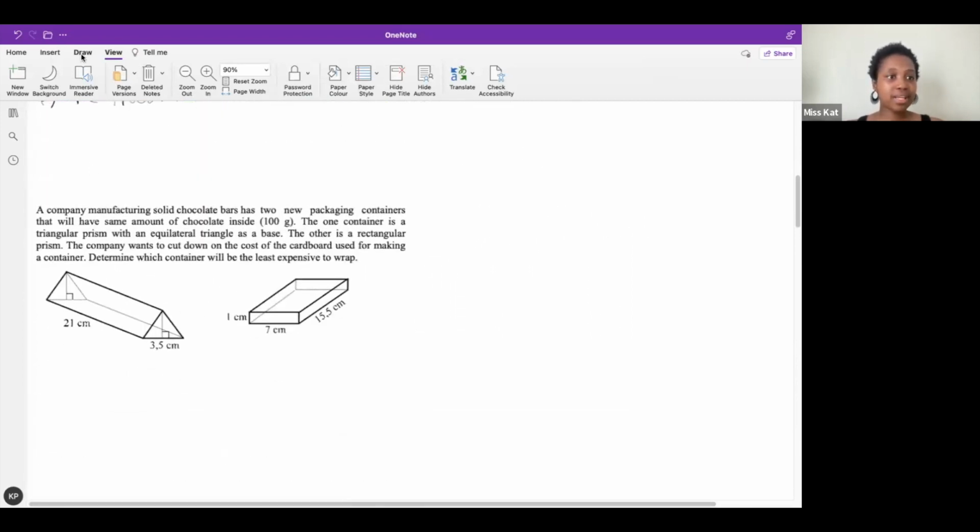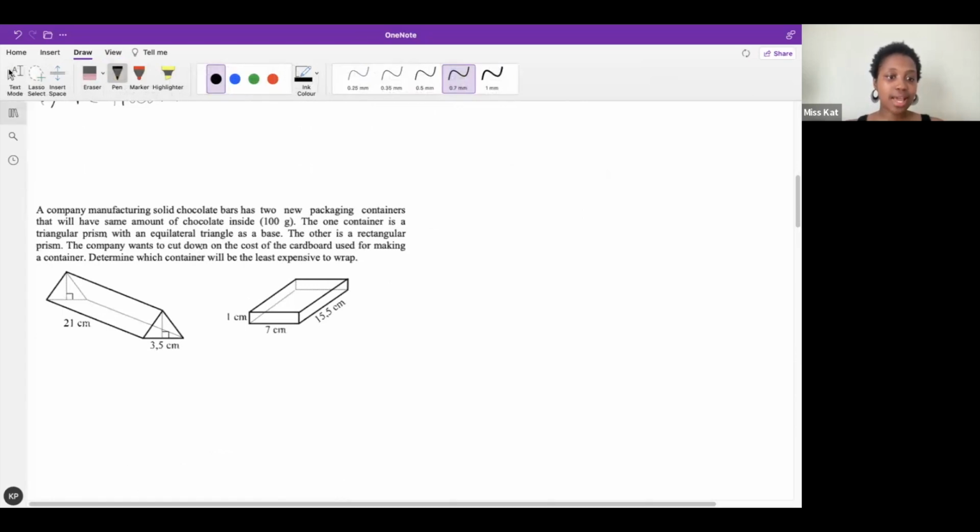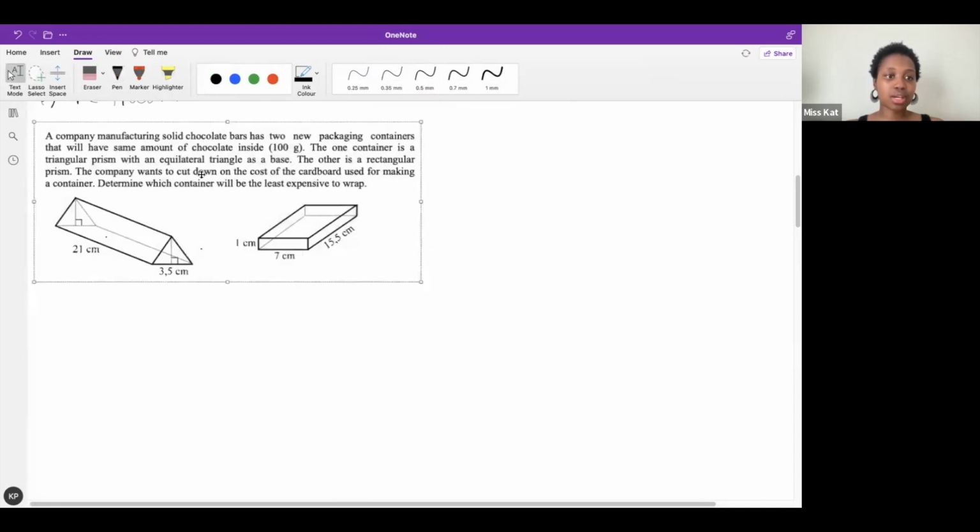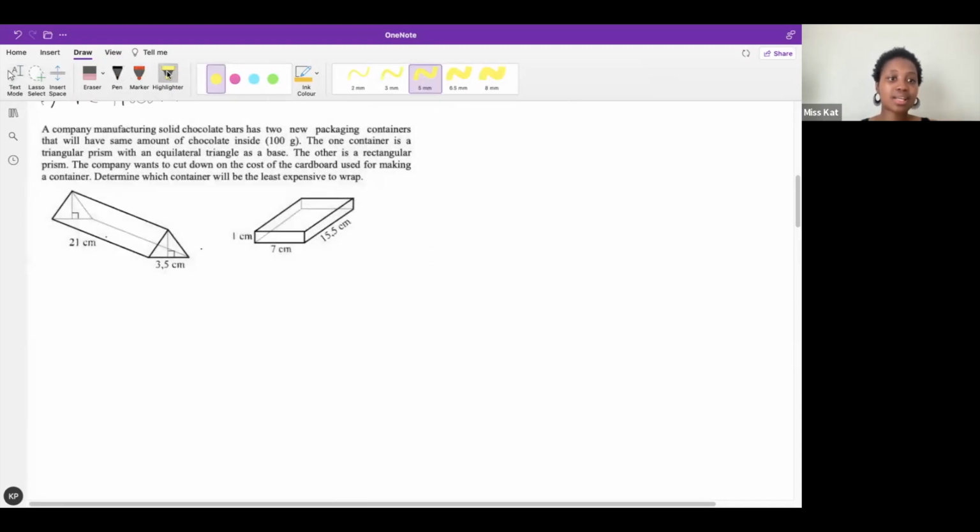A company is making chocolates and they are considering using one of these 2 containers. In either container, they're going to have to fit 100 grams of chocolate. So it doesn't matter how big the container is, it's going to have to fit 100 grams of chocolate. One of them is a triangular prism with an equilateral triangle as a base, and the other one is a rectangular prism.